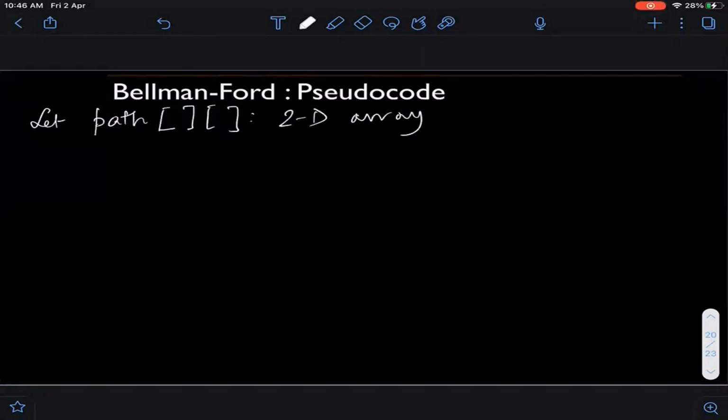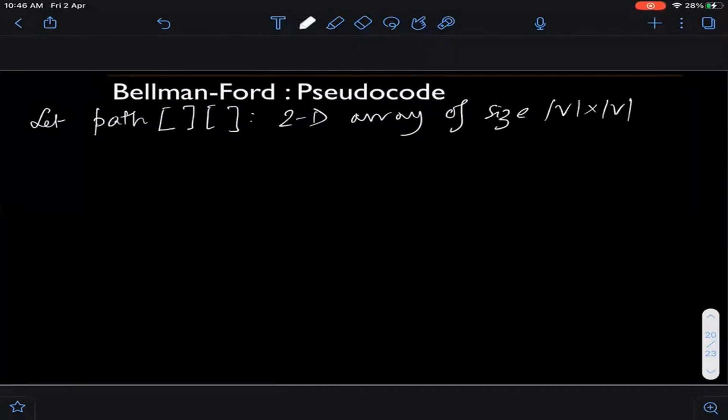What is the size of my DP table? It's V cross V, or n times n, right? So of size V cross V.